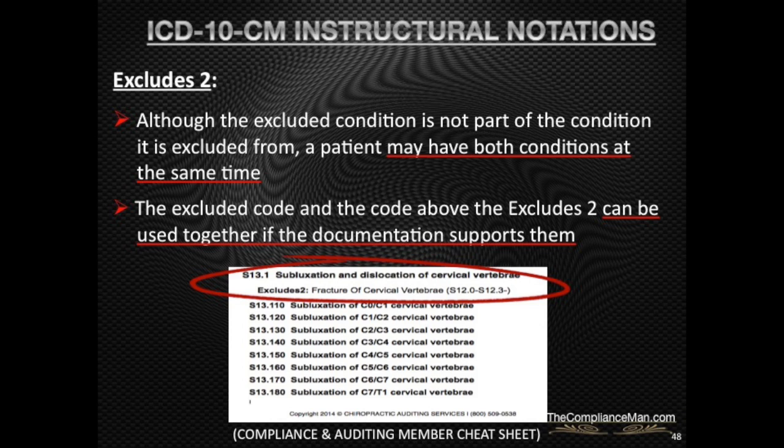So if the patient suffered an injury where they had a fracture of the cervical vertebra as well as a subluxation or dislocation of the cervical vertebra, you could use the 2 codes together if the documentation supports it.